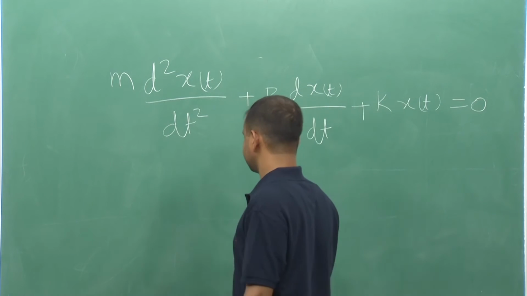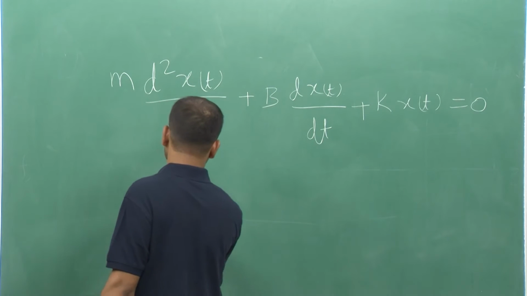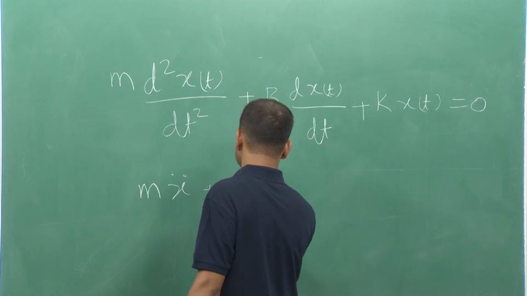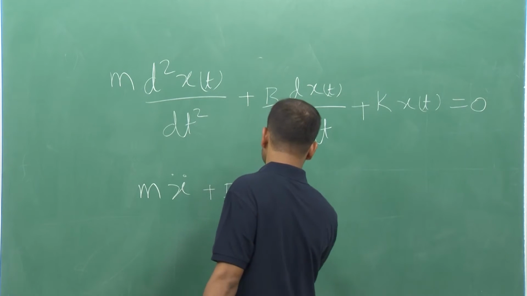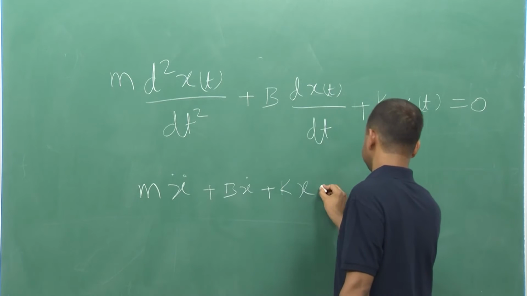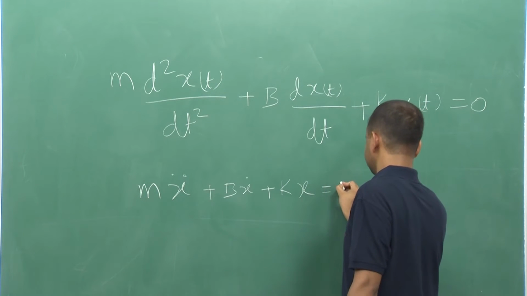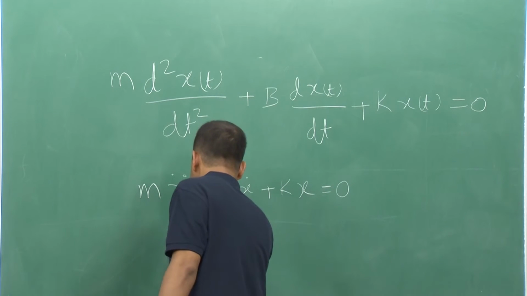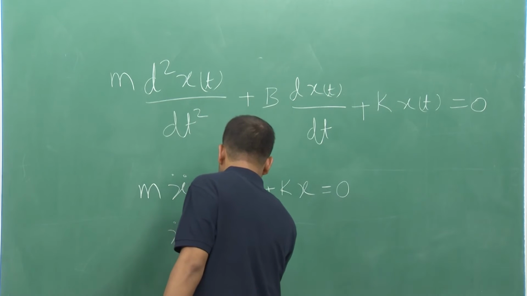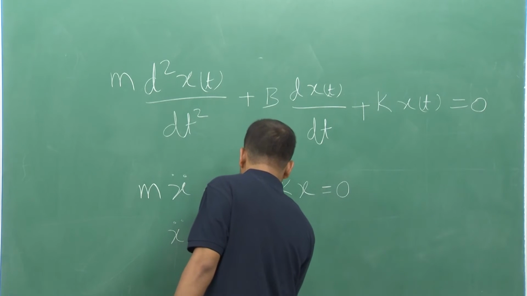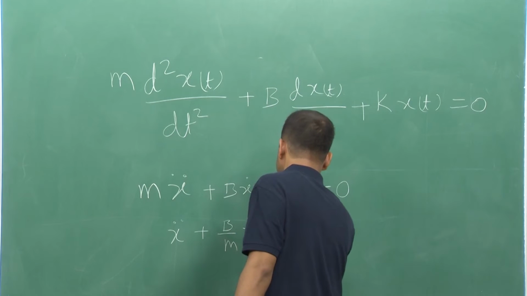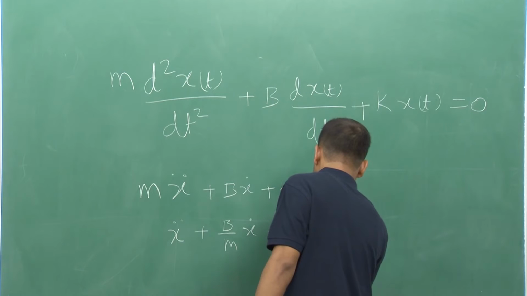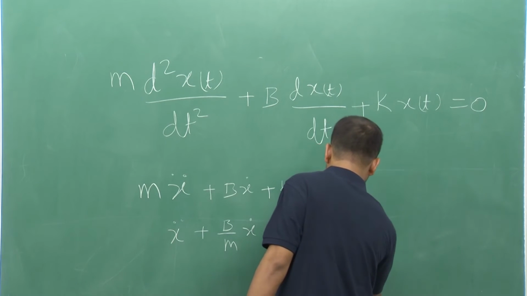If I write its characteristic equation, it will be m x double dot plus b x dot plus k x is equal to 0. This is the differential equation, or I can write x double dot plus b by m x dot plus k by m x is equal to 0.